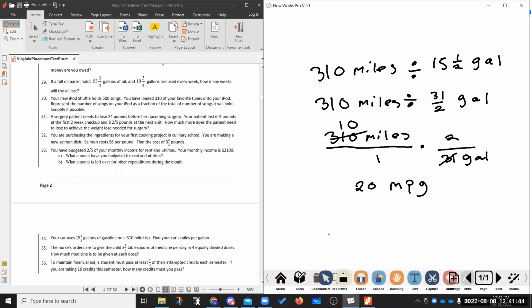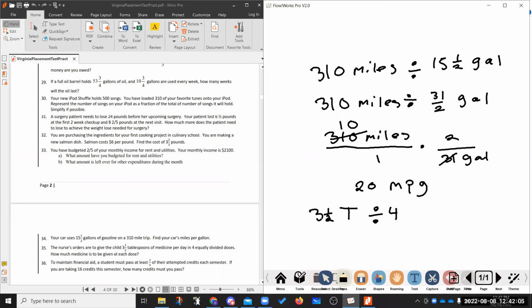Nurse orders that you give a child 3.5 tablespoons of medicine per day in 4 equal doses. 3.5 tablespoons split into 4 doses, right?